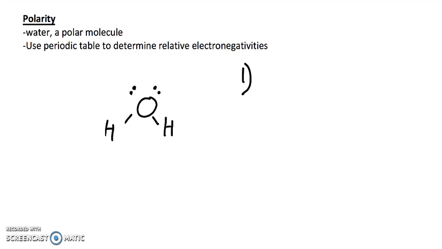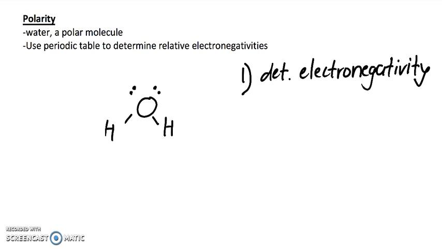First thing you have to do, though, is determine the electronegativity of atoms. And you can do this by looking at the periodic table.